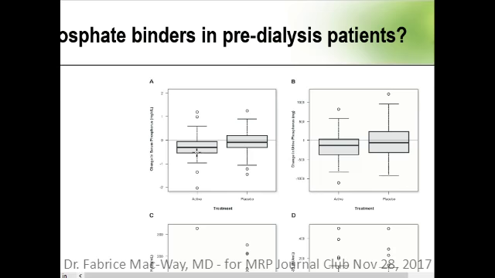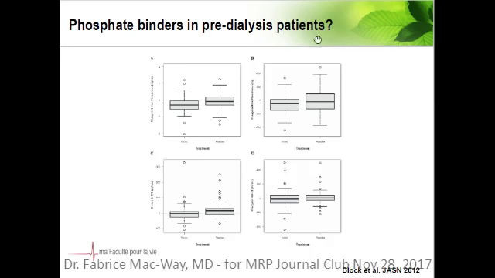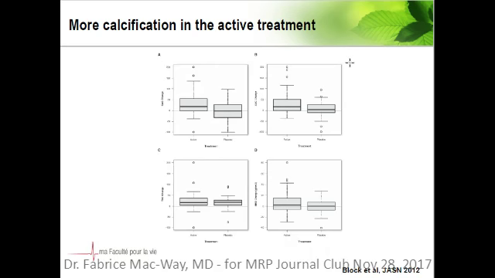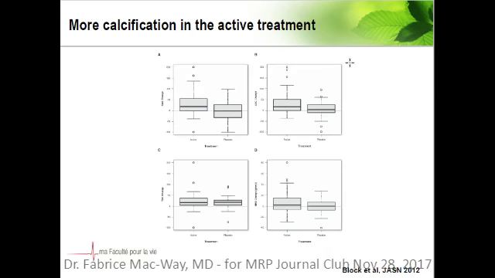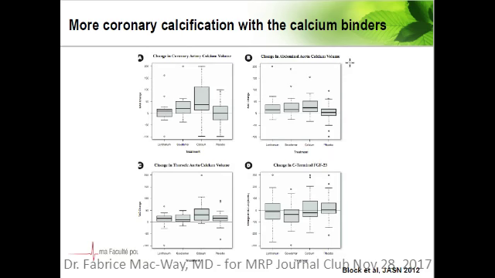That was mainly driven by the calcium supplement as compared to sevelamer and lanthanum. Here's the placebo, the same for the coronary calcification, the same for the abdominal calcification. Because of this study, as I said, it changed the last guidelines.